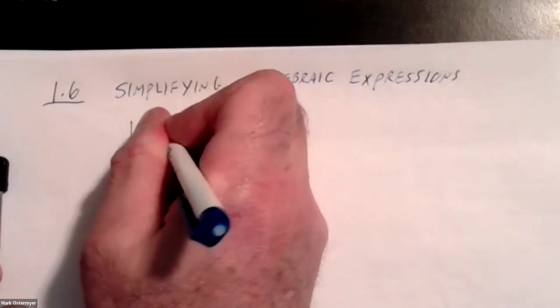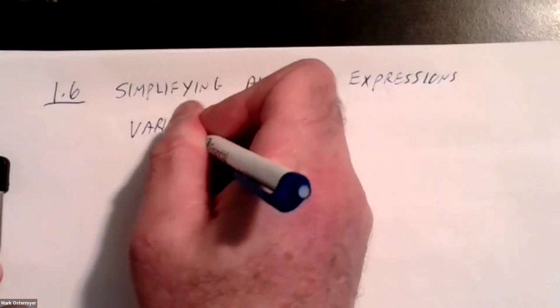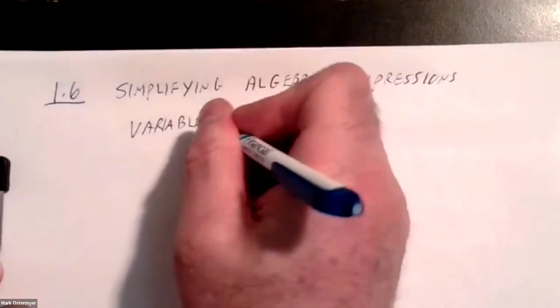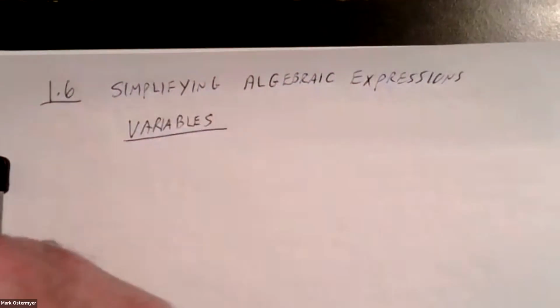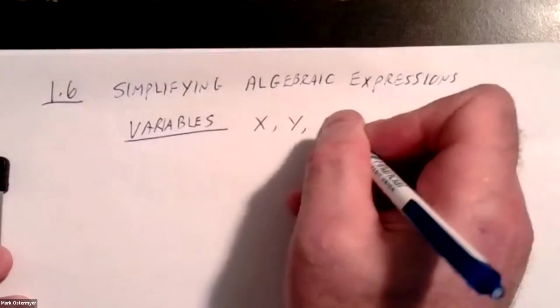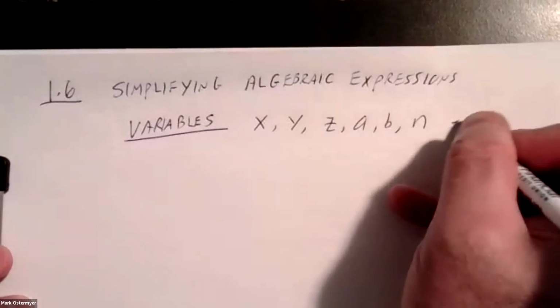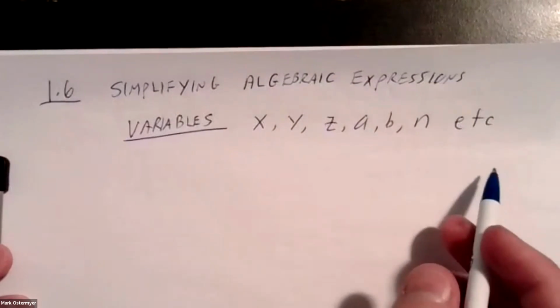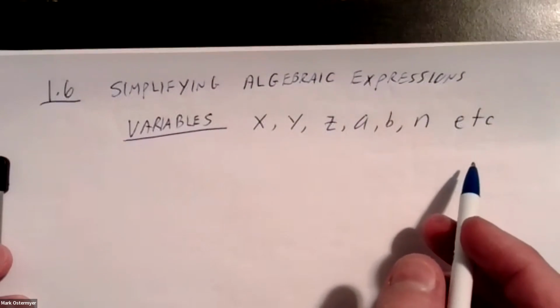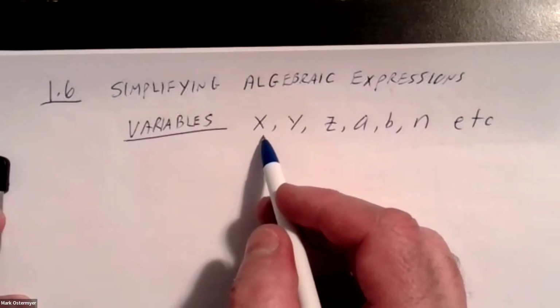In algebraic expressions, you run into what are called variables. The most typical variables used in early algebra are X, Y, Z, A, B, N. Now, notice our X looks like the traditional multiplication symbol.